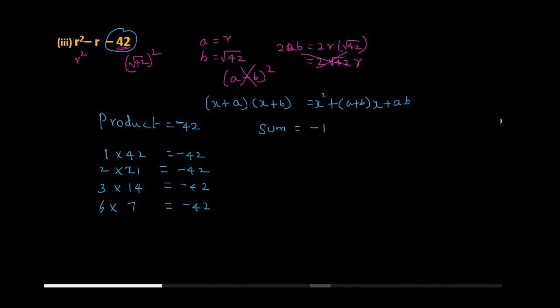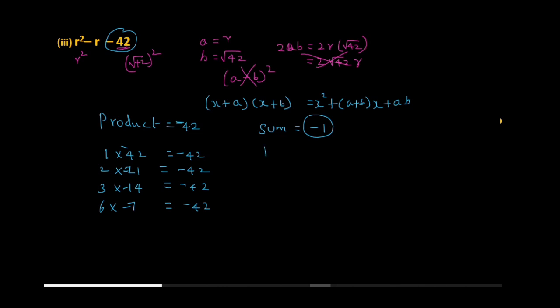Look at the sum. The sum is minus 1, which means the greater number should have the negative sign. So plus 1 minus 42, plus 2 minus 21, plus 3 minus 14, plus 6 minus 7 will give the product minus 42.